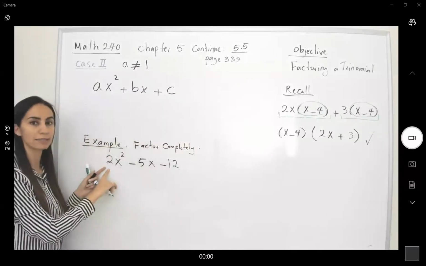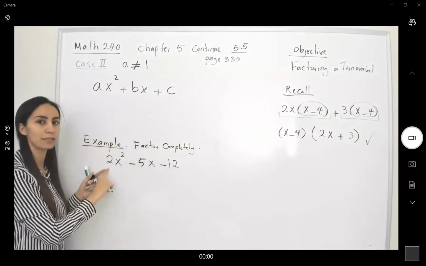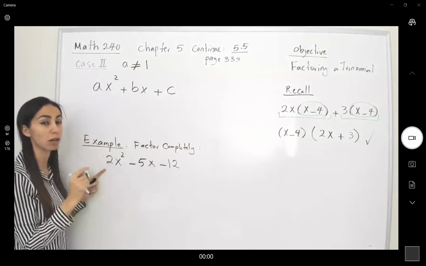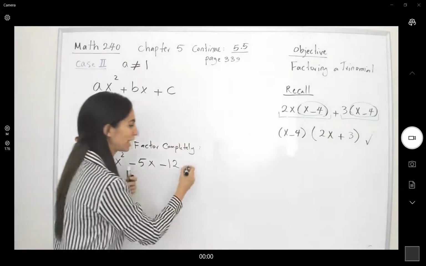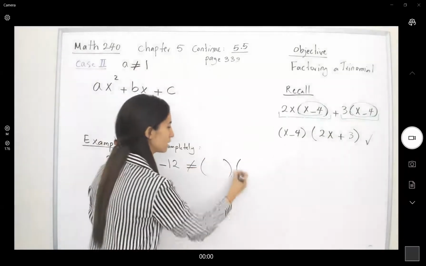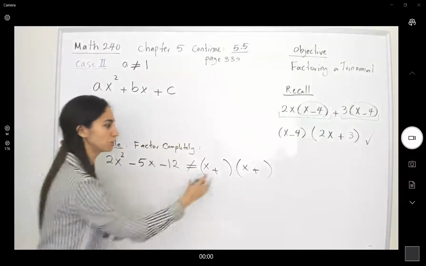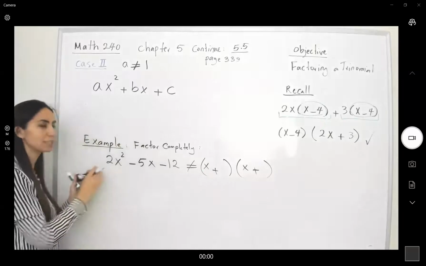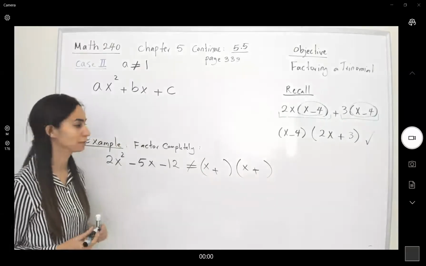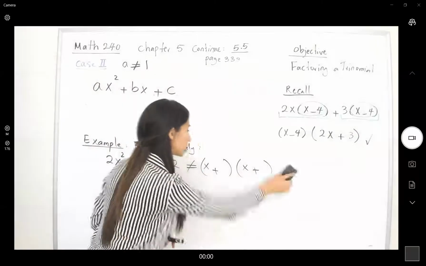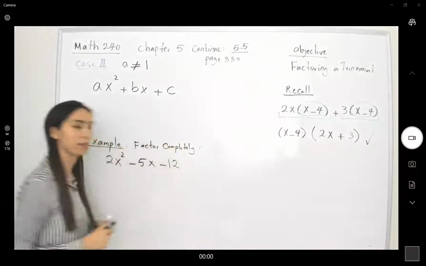Guys, note that a is 2, the leading coefficient is 2, it is not equal to 1. So you cannot just directly write x plus a number, x plus a number. If you multiply x by x, you don't get 2x squared back. So we have to come up with another method.